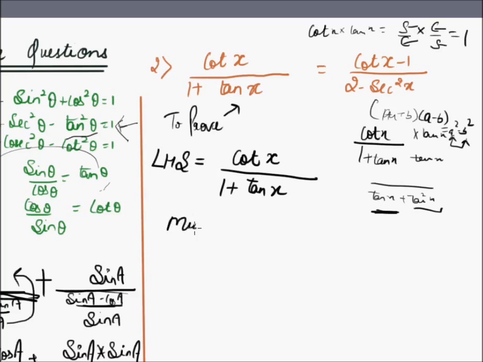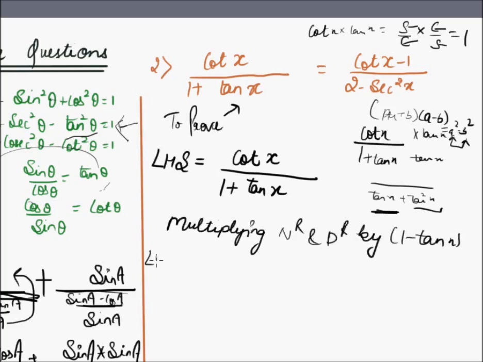Now multiplying numerator and denominator by 1 minus tangent x, we have the left hand side with cotangent x and 1 minus tangent x as its multiple factor.